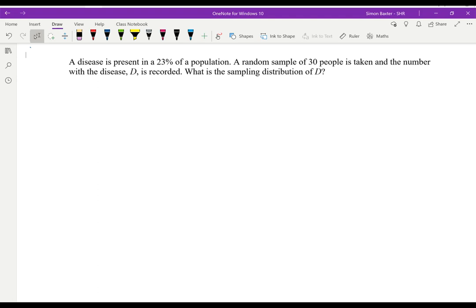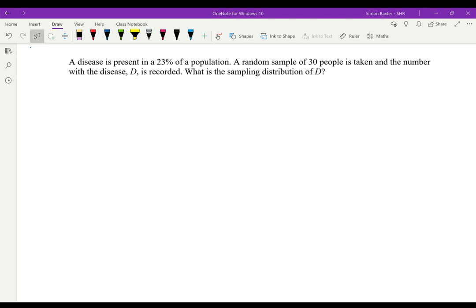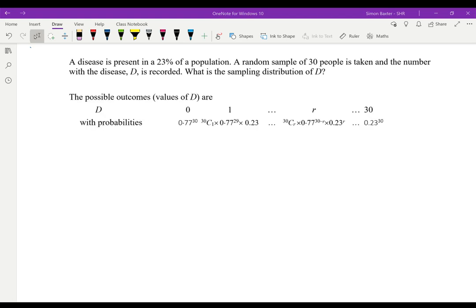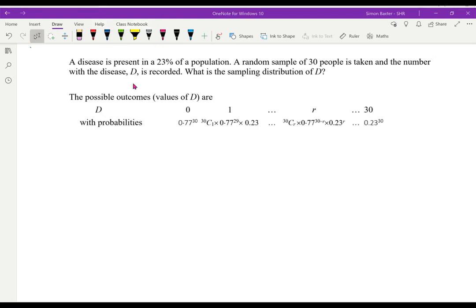Well, what possible outcomes of D have we got? The number with the disease could be any number from 0, 1, 2, 3, up to 30. And then we need the probabilities. I've summarized these here.